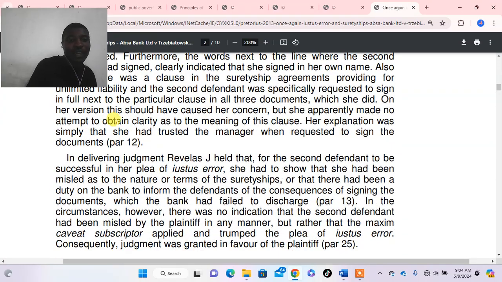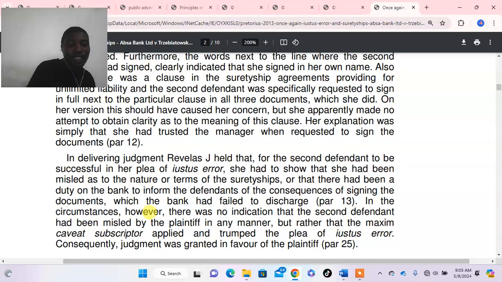Here it is very clear that in delivering judgment, Relief J held that for the second defendant to be successful in her plea of iustus error, she had to show that she had been misled as to the nature or terms of the suretyships, or that there had been a duty on the bank to inform the defendants of the consequences of signing the documents, which the bank had failed to discharge.